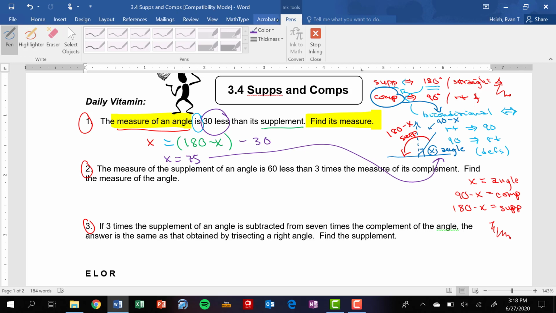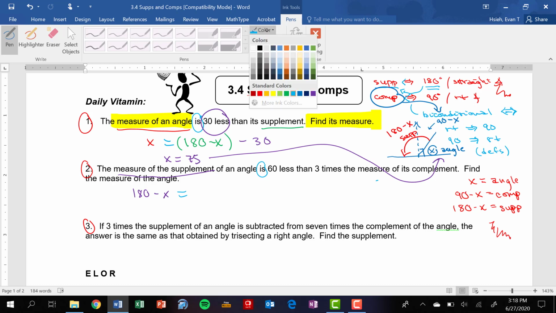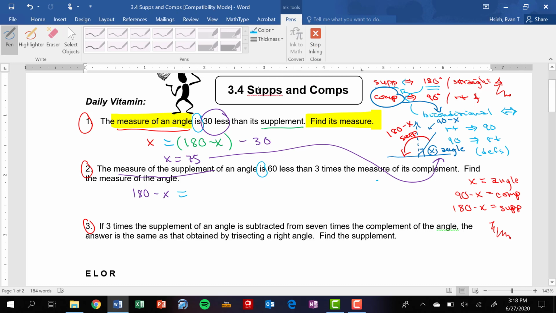Let's try another one just for kicks. So the measure of the supplement of an angle, so 180 minus X, is, let's use blue again, 60 less than 3 times the measure of the complement.